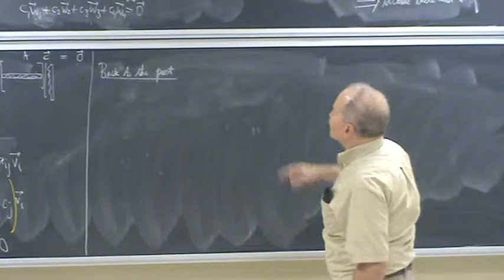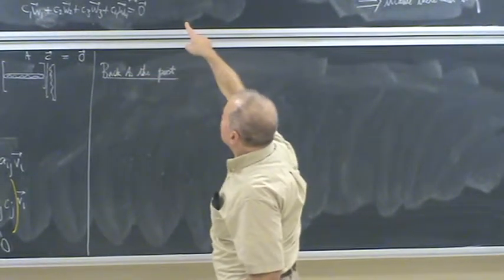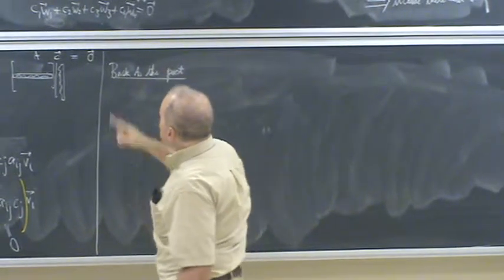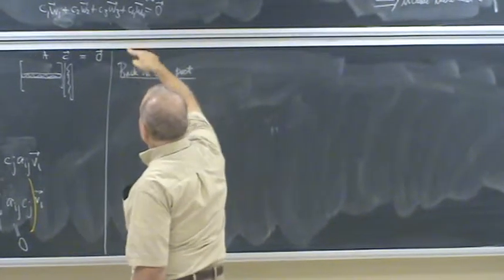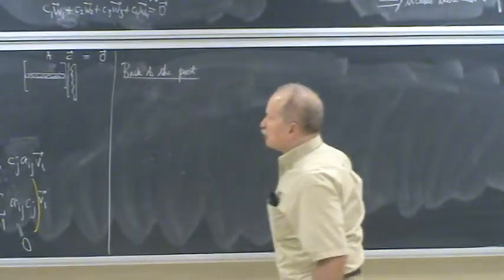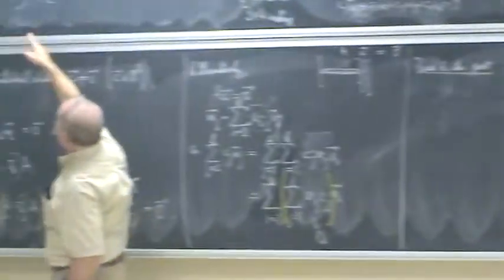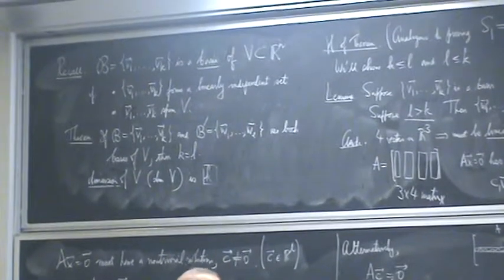All right, so I was in the middle of proving the theorem. I have my lemma now. Suppose V1 to Vk is a basis, and W1 to WL is a set of vectors. If L is bigger than k, then the vectors W's must be linearly dependent. Back at the ranch, we had V1 to Vk, and what did we know about W1 to WL?